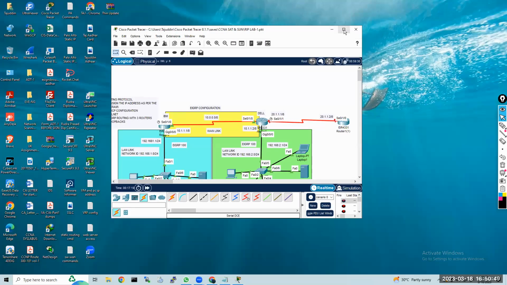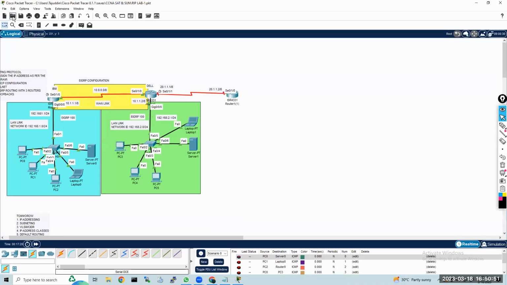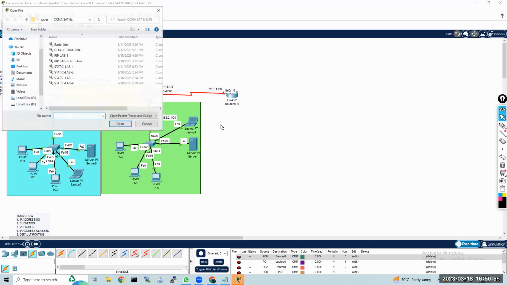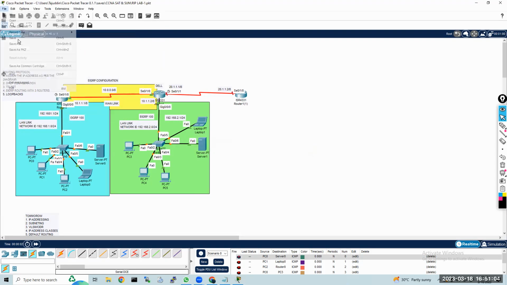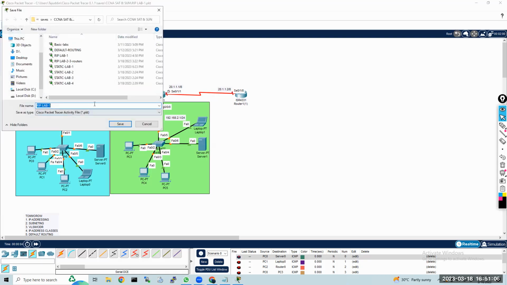I should change this file name, let's say save as.